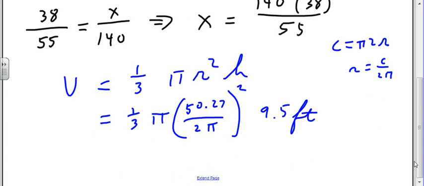And anyway, so I put the 50.27 divided by 2 divided by pi in my calculator first, and then I'd hit the square button once I had an answer for it. Times pi divided by 3 times 9.5. And it looks like I got 636.81 cubic feet.